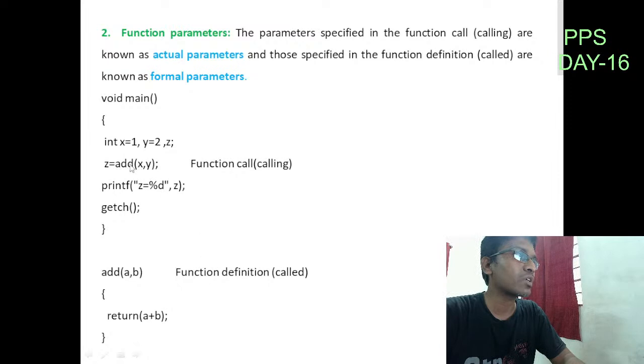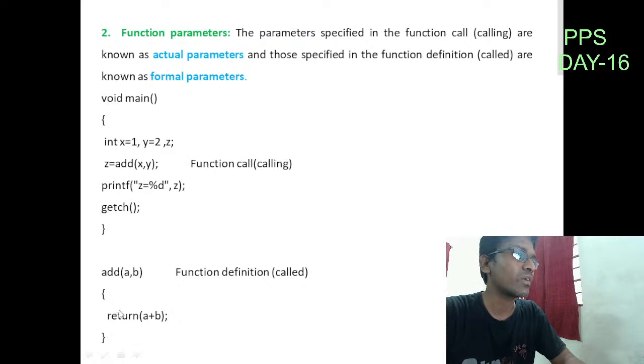That is, it goes back to the add function, then adds the x comma y terms, and then gives the output as the z value. I hope you understand what I am saying. So here you just use a calling function without any body. The function definition comes right after the closing of the main program. You have to write the function definition or called function.